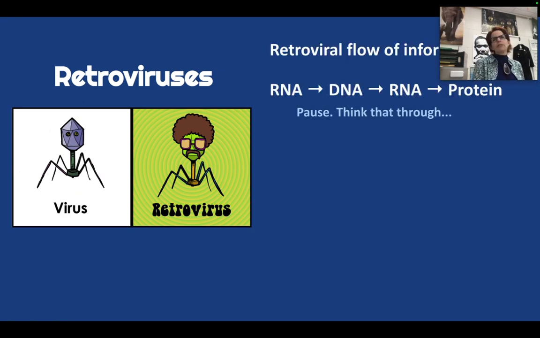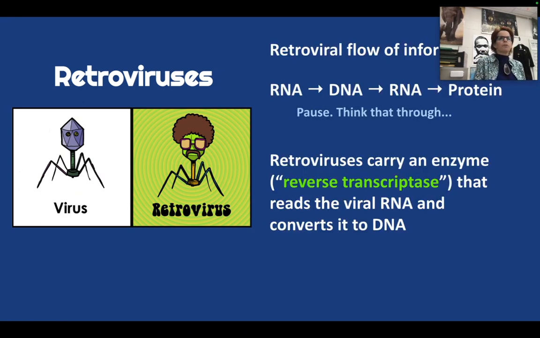Okay, and then retroviruses. This is something College Board wants you to know about. Retroviruses are unusual because instead of having their genetic material be DNA, their genetic material is RNA. They possess an enzyme called reverse transcriptase that reads the RNA and then converts it to DNA.